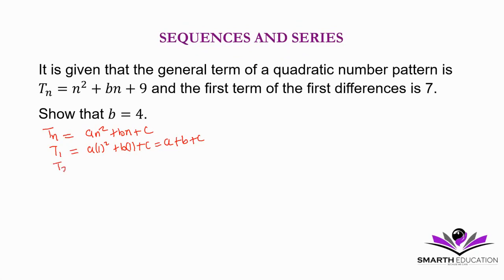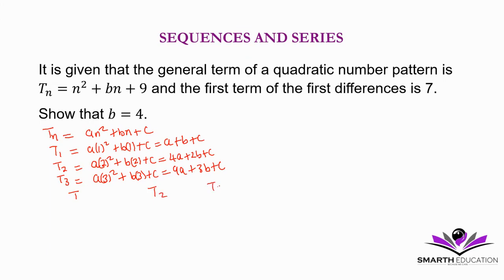Then T2 is a times 2 squared plus b times 2 plus c, which simplifies to 4a plus 2b plus c. T3 is a times 3 squared plus b times 3 plus c, 9a plus 3b plus c.